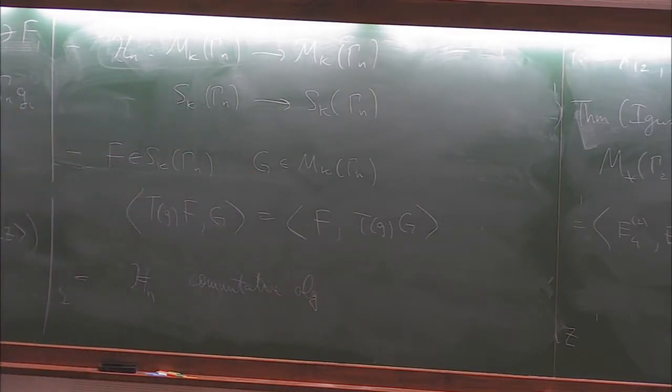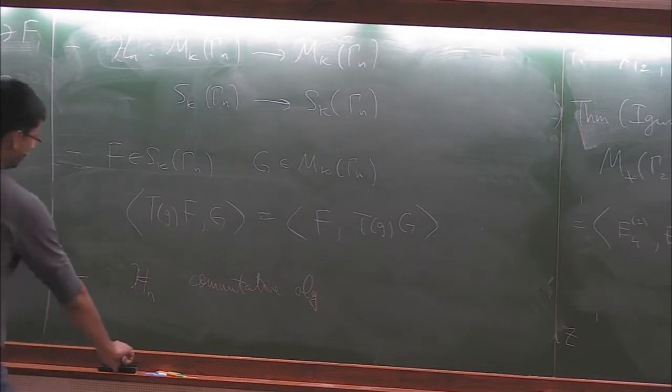So basically what this allows us to do is take the space M_k(Gamma_n) and simultaneously diagonalize it with respect to all these Hecke operators, and you get a Hecke eigenbasis.